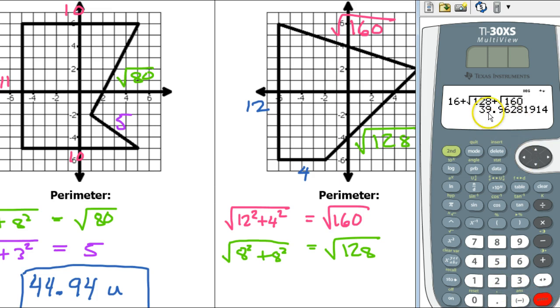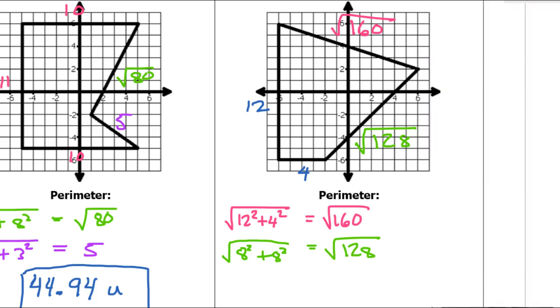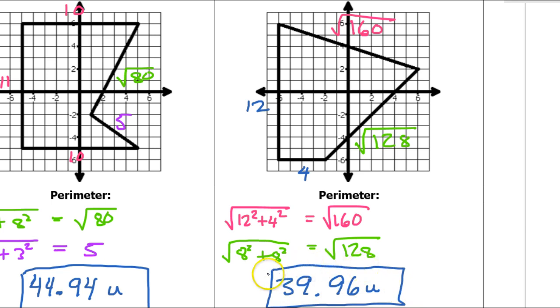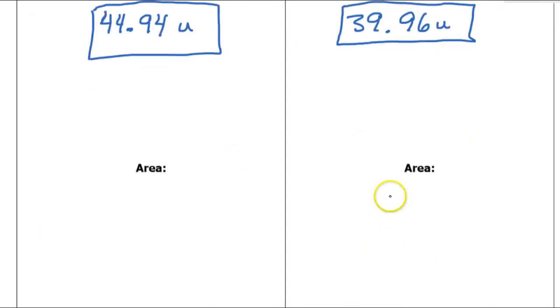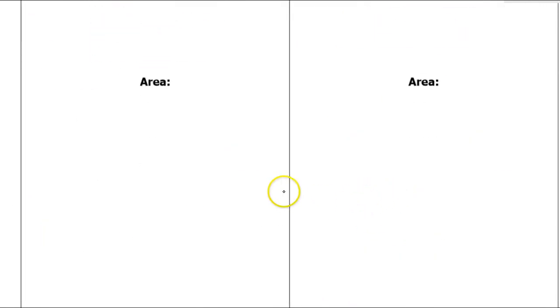All right, 39.96. And again, I'll just put U for units to reflect that this is a length, not an area. Oh, but look, now it's time to find the area.